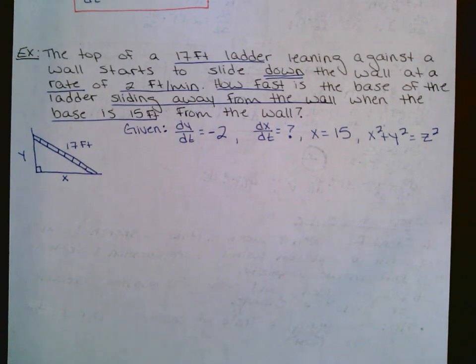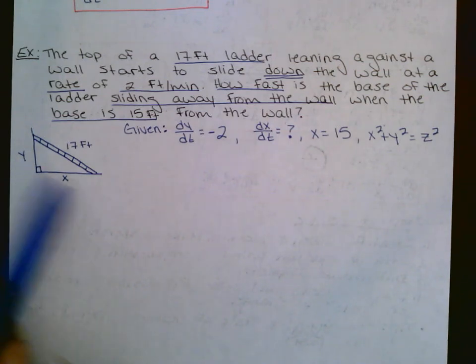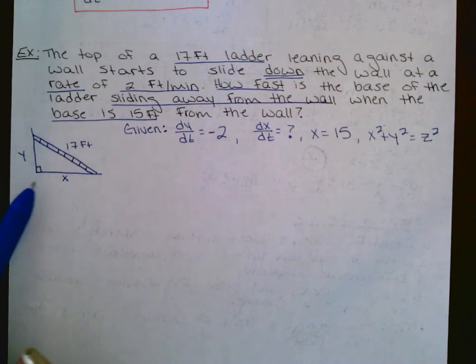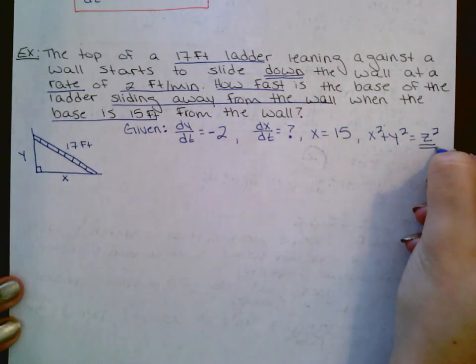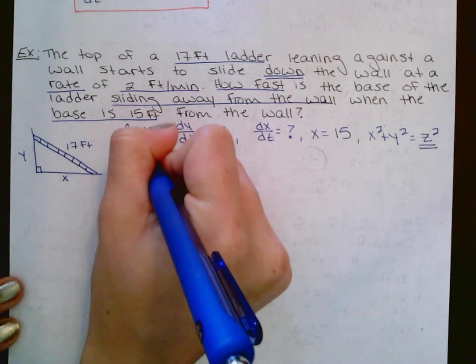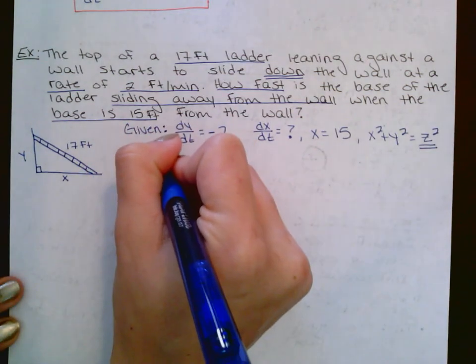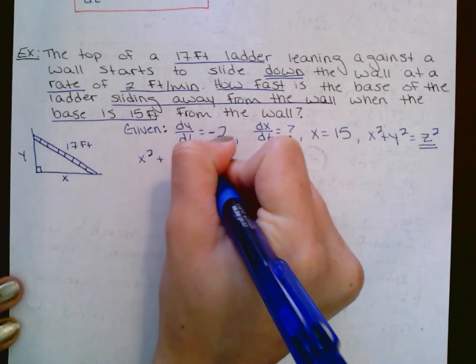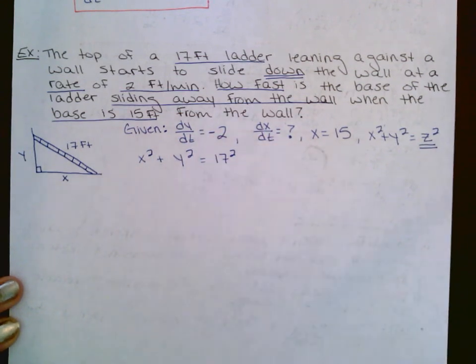For example, this ladder, assuming it's not one of those ladders that expand and condense, this is just a normal ladder, is 17 feet. No matter how much I move this ladder up, down, side to side, that ladder is always going to be 17 feet. That means I am allowed to plug that 17 feet in at the beginning of my question, okay? So my formula is specifically for this ladder scenario, x squared plus y squared equals 17 squared, okay? So again, if a value is given that will never change, then you can put that in before. And we'll see one more example where that happens later on.